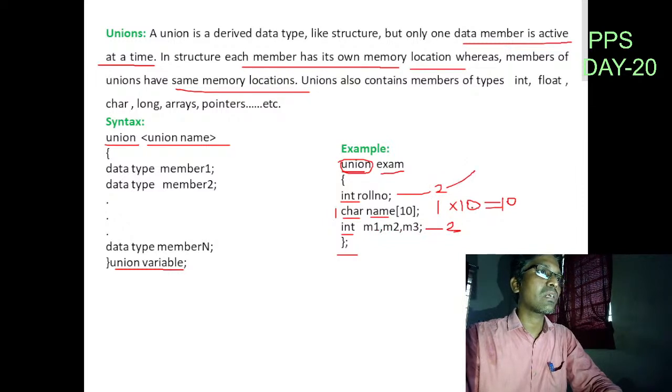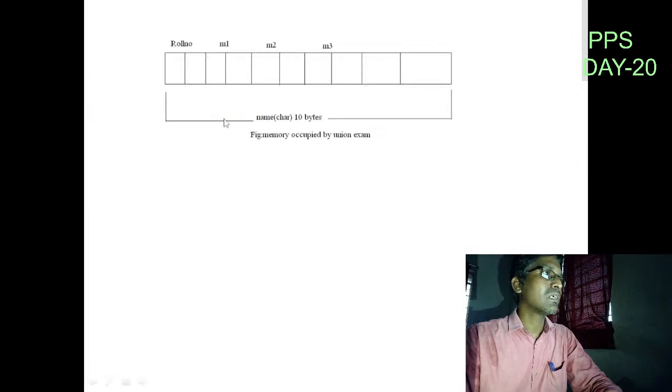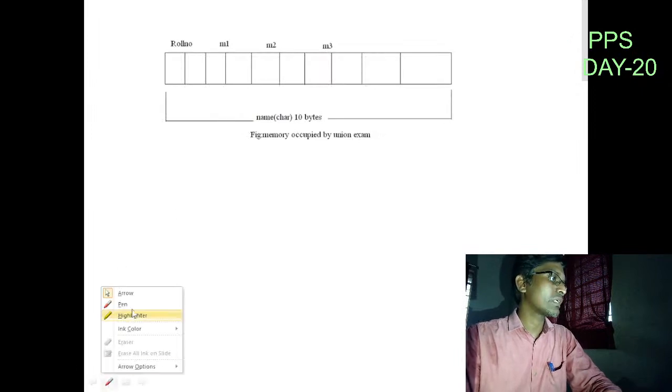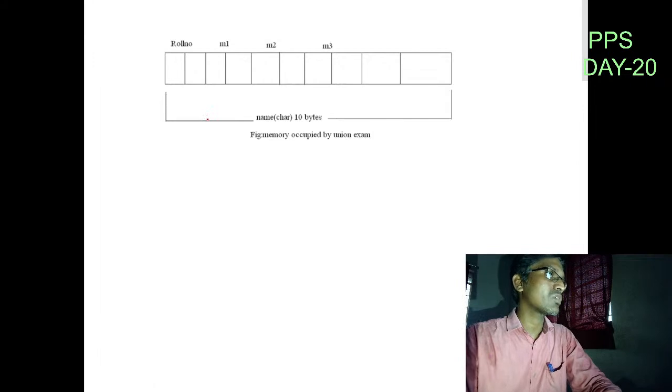So when compared to 2 and 10, 10 is the maximum number of bytes. So how will it store in the memory location? It will occupy the memory locations for the largest bytes, and the largest member is the name.